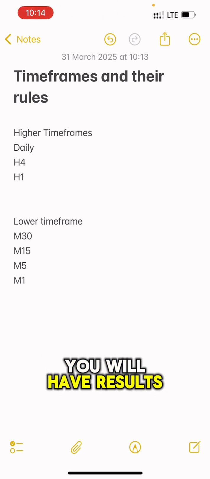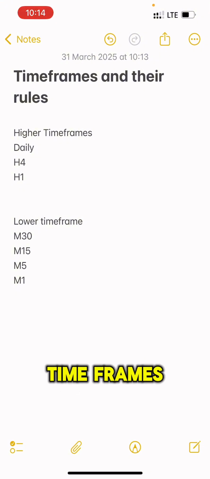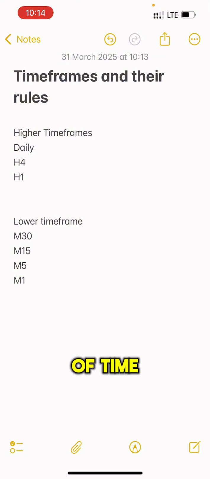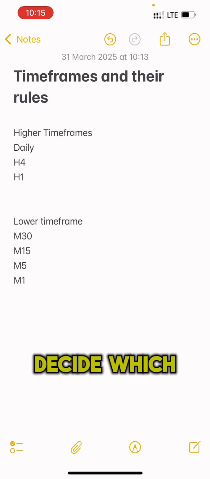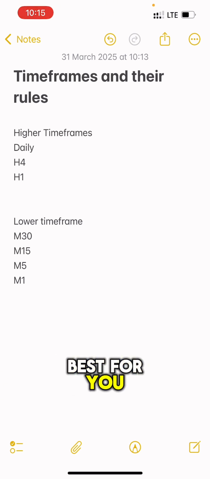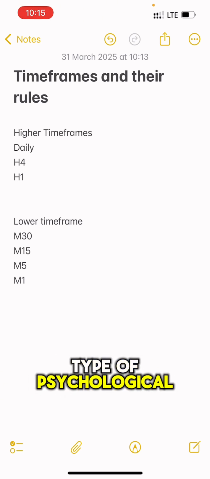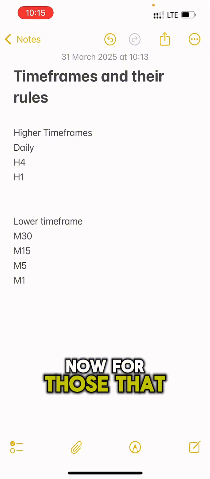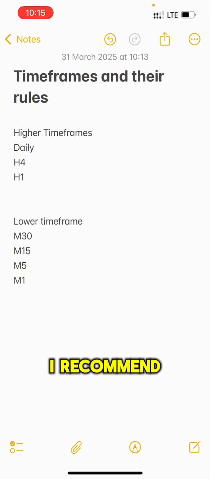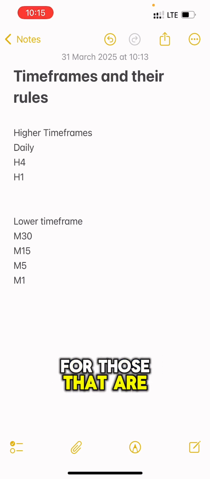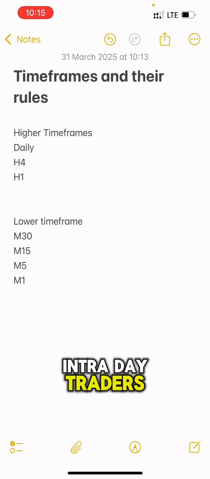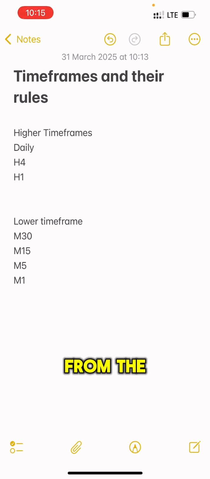You will have results on both categories of time frames, but you need to decide which will be best for your type of psychological training. Now, for those that are scalpers, I recommend using the strategy on the 15-minute and below. For those that are day traders, intraday traders, I recommend using it from the 30-minute to the 4-hour.